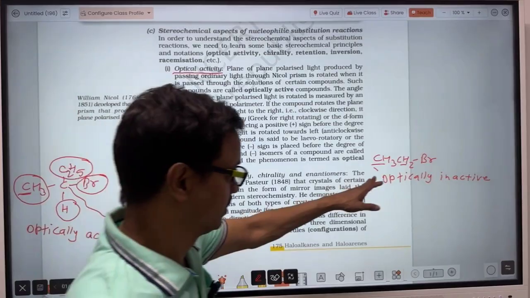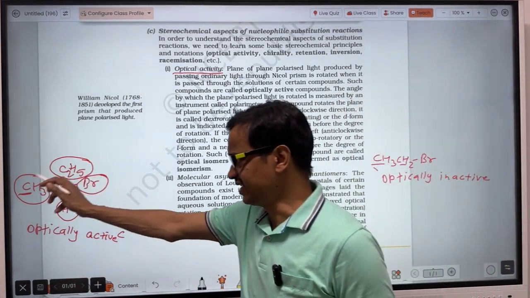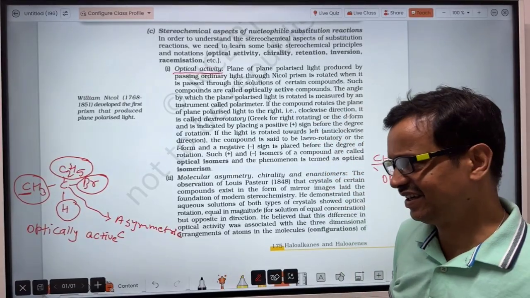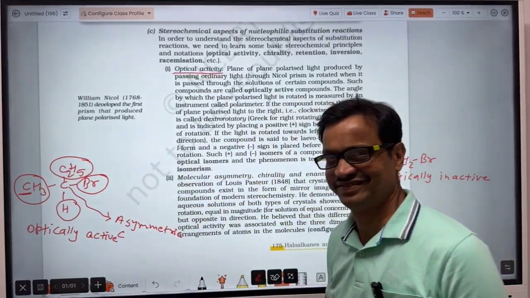Because this compound does not contain any asymmetric carbon, that's why this compound is optically inactive. And in this compound there is one asymmetric carbon, that's why this compound is optically active.